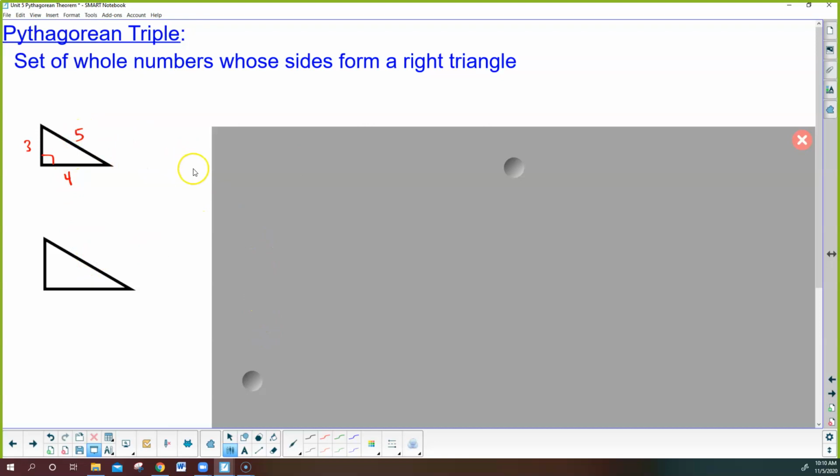And what we have to do is just justify, does that 3, 4, 5 triangle actually satisfy the Pythagorean theorem?